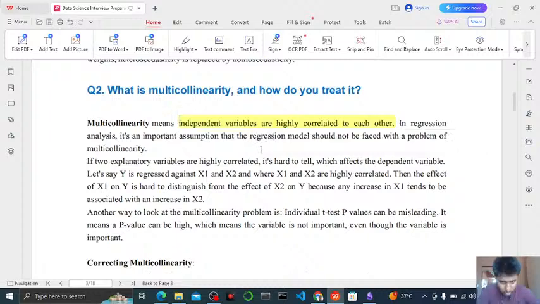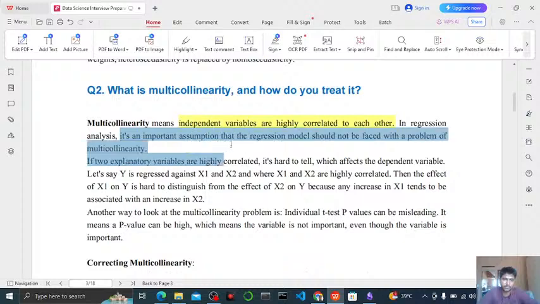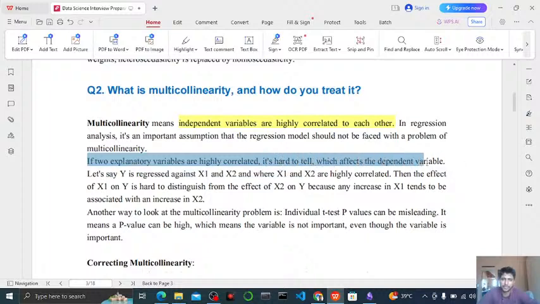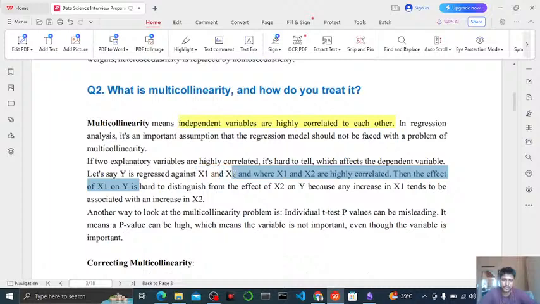In regression analysis, it's an assumption that the regression model should not face the problem of multicollinearity. In the sense that the independent variables should not be correlated with each other. If two explanatory variables are highly correlated, it's hard to tell which one affects the dependent variable. Let's say y is regressed against x1 and x2, and x1 and x2 are highly correlated.